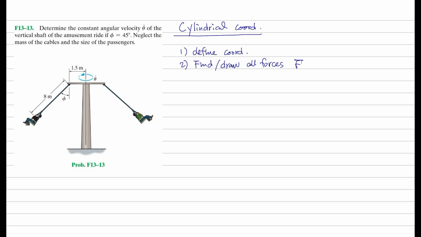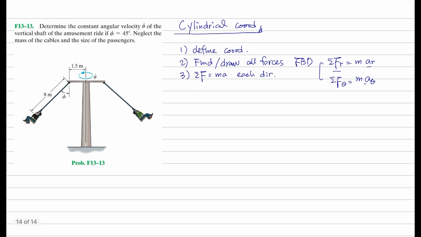Basically do the free body diagram, and then sigma F equals ma in each direction. So in this case, as we're using the cylindrical coordinate system, sigma F r is going to be m a of r like that, and sigma F theta is going to be m a of theta like this, right?